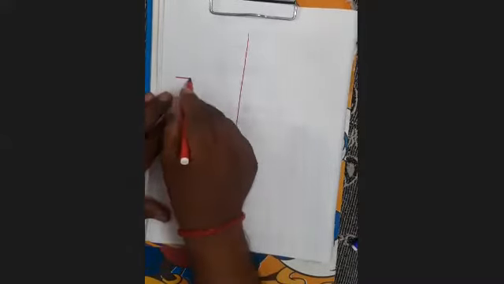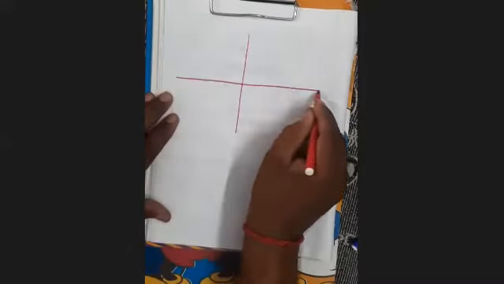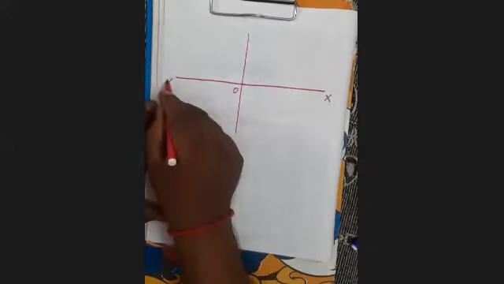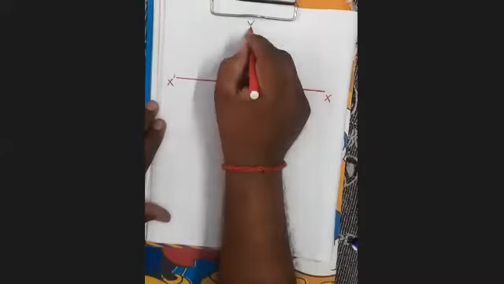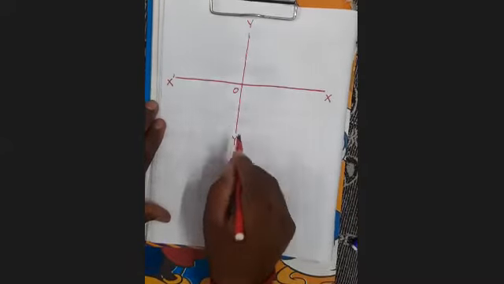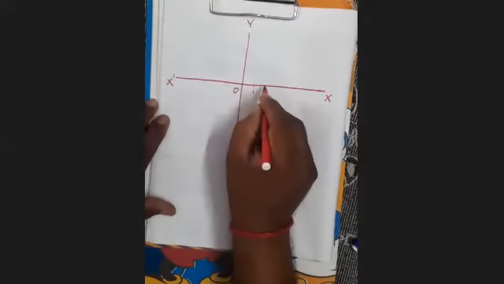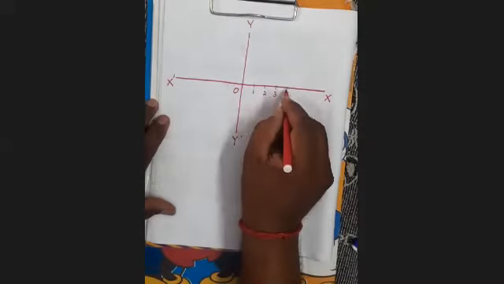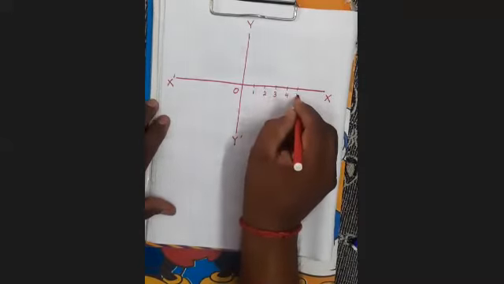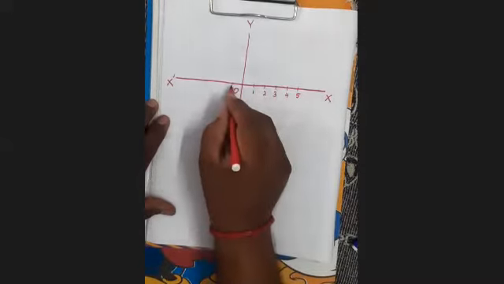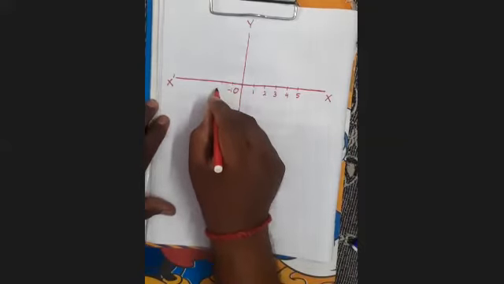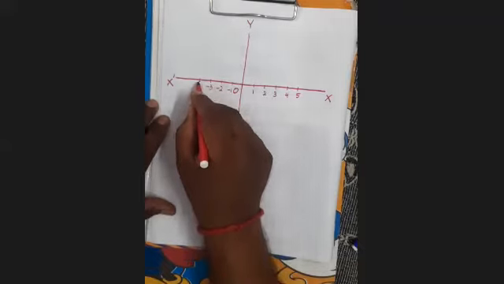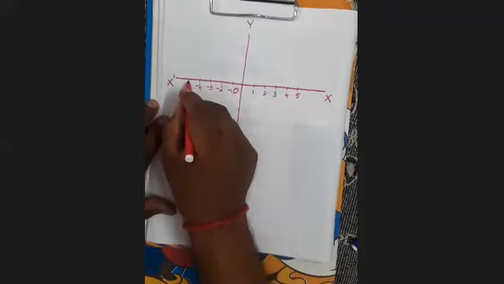On the graph paper, these lines are called axes: the x-axis, and this is the y-axis. Here it is 1, 2, 3, 4, 5.